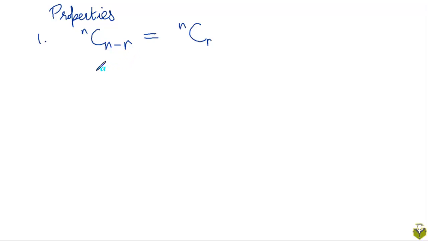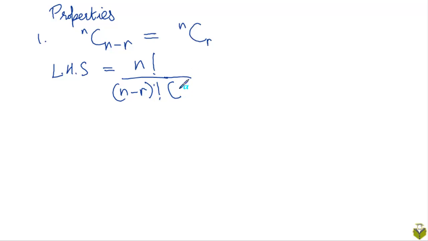So if we actually look at the formula, it will be very obvious. So the left hand side is equal to n factorial divided by (n minus r) factorial, and then you have to replace r by n minus r, right?